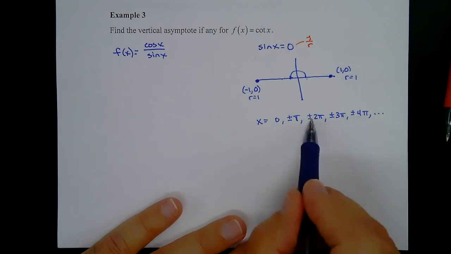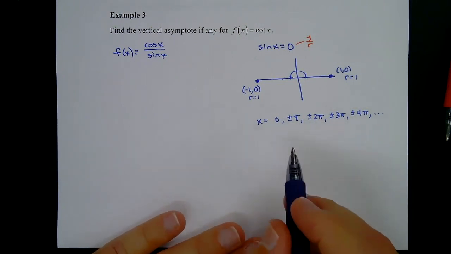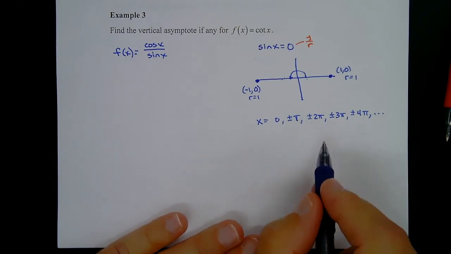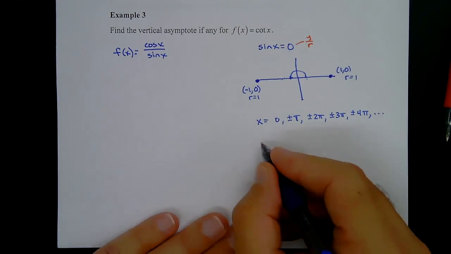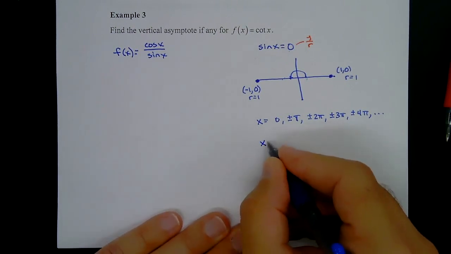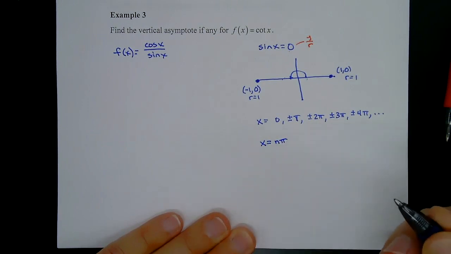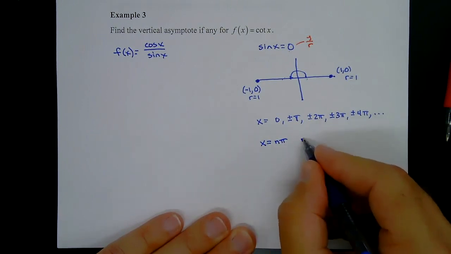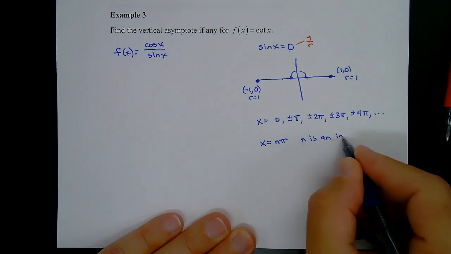So they all have pi in common, and it's 1, 2, 3, positives and negatives, right? Those are called integers, okay? So we could write a formula for this, and it would be x is equal to n pi, and we would say n is an integer.